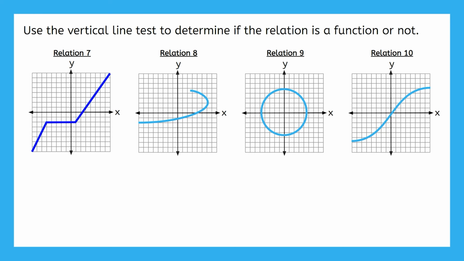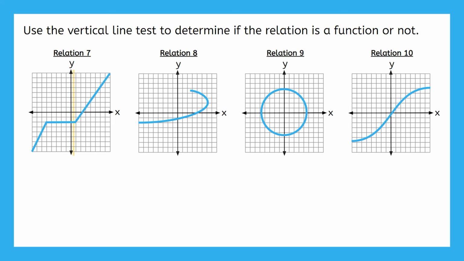Okay, let's start by using the vertical line test on relation 7. We can either imagine drawing vertical lines across our graph, or we can physically draw them too. I like to visually scan my graph from left to right with my vertical lines like this. And everything looks good.